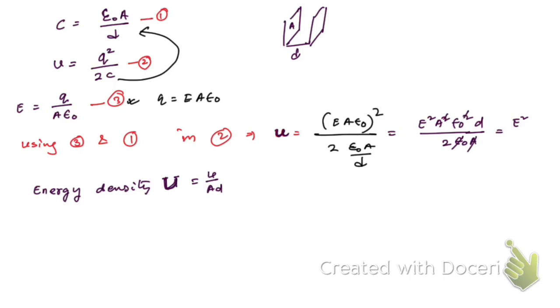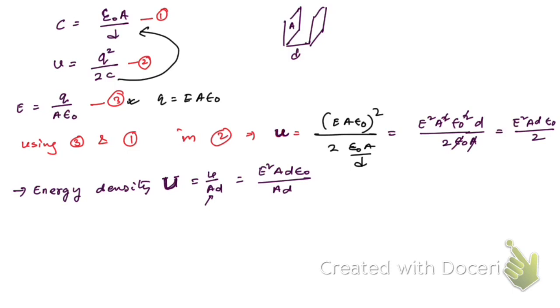So here we're gonna have E square A epsilon naught into D. Let me write the D first, okay? Here we're gonna get D by 2. That's what we're gonna have. So from here, to find energy density, that is capital U, E square A into D epsilon naught by, here we have A into D, that is volume, right?